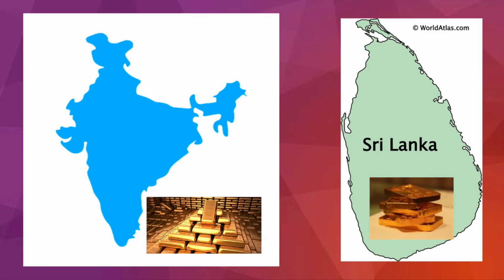So which country is more economically independent or economically strong? It is India. So this theory directly states the more gold you have, the stronger a country is, or the more economically independent a country is. So hope you have understood the first theory, mercantilism theory.